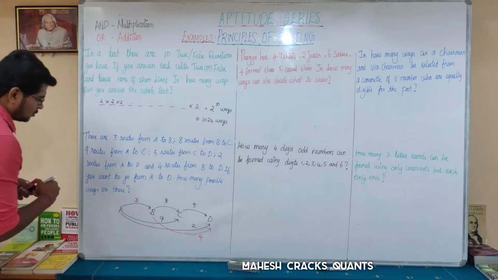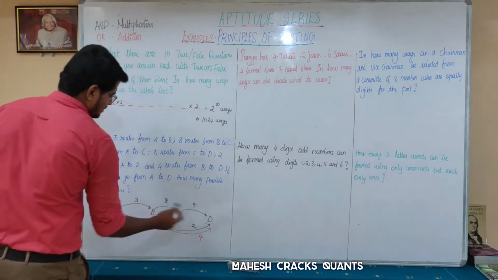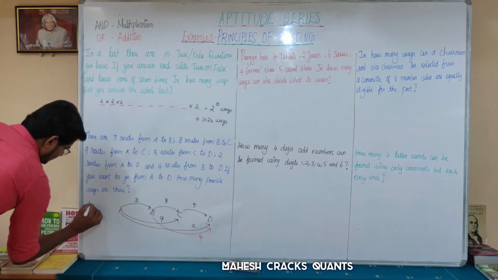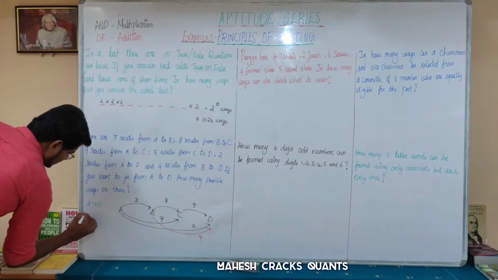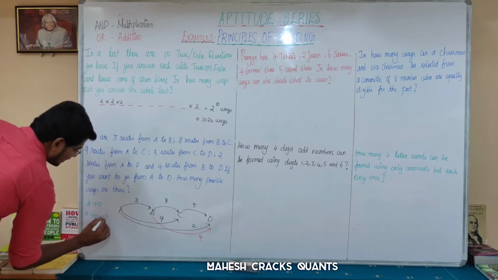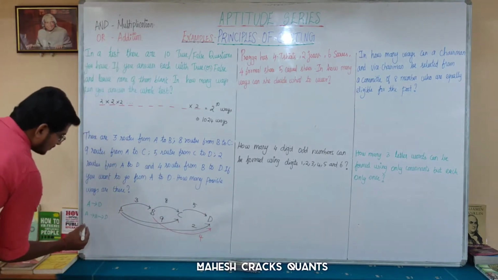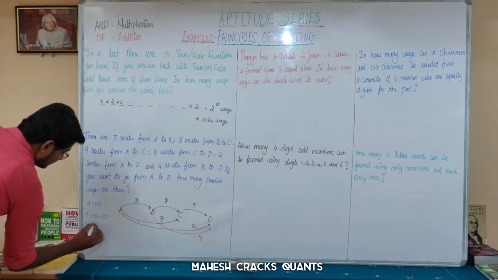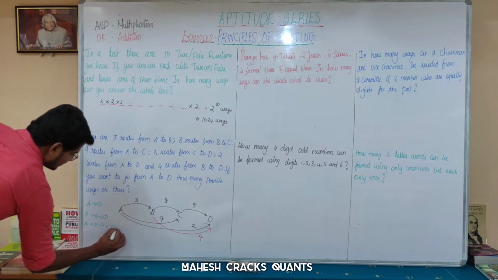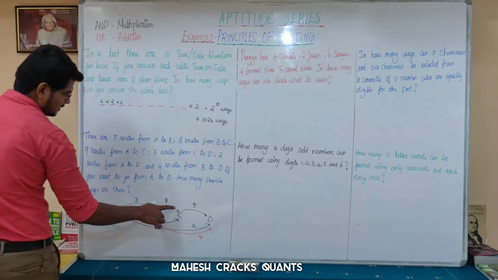The first thing, through which way can I go: A to B, B to C, and C to D. Or else first we will take A to D directly. Second choice, A to B, B to D. Next one, A to B, B to C, and C to D. Sorry, that is the third choice.